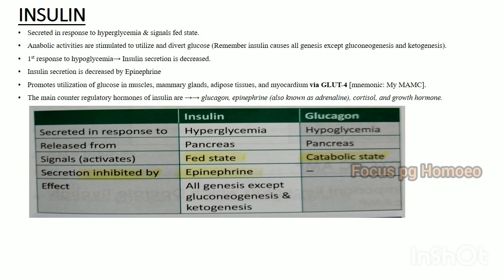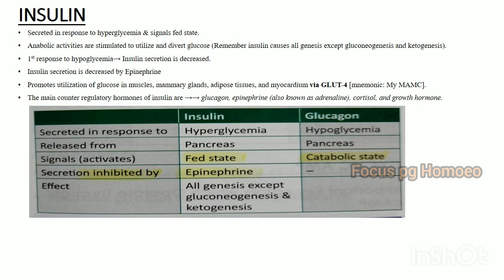The action of epinephrine on insulin is to decrease it. Insulin promotes utilization of glucose by muscles, mammary glands, adipose tissue, and myocardium through the glucose transporter GLUT4. The main regulatory hormones of insulin are glucagon, epinephrine, cortisol, and growth hormone.